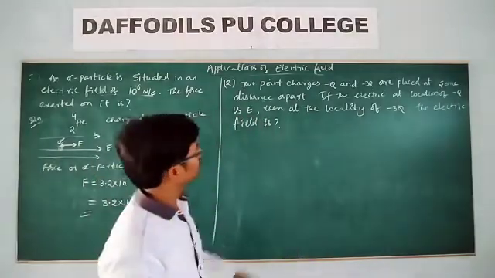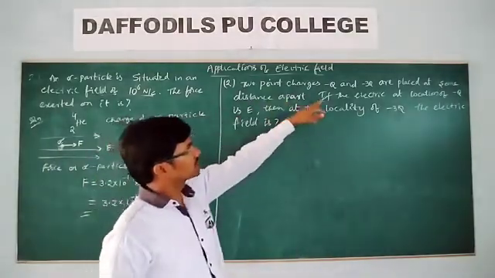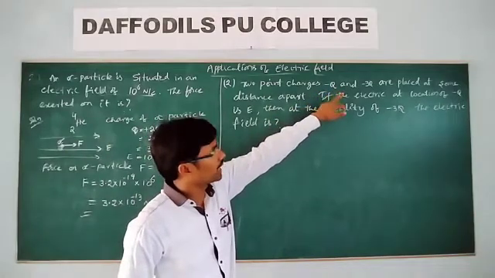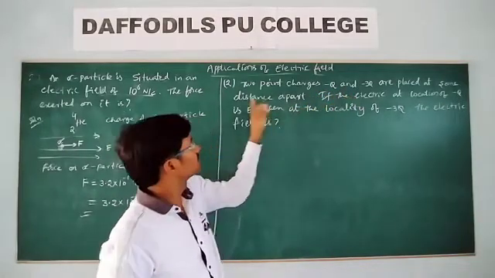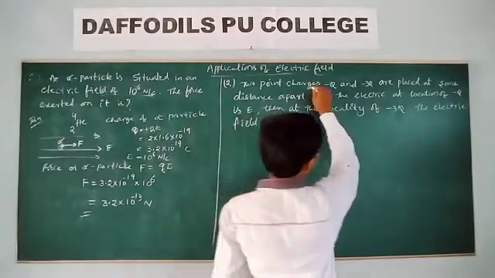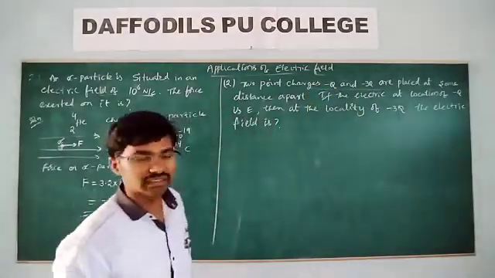So let me discuss one more example. Two point charges, minus Q and minus 3Q, are placed at some distance apart. So what charges are given? Minus Q and minus 3Q.